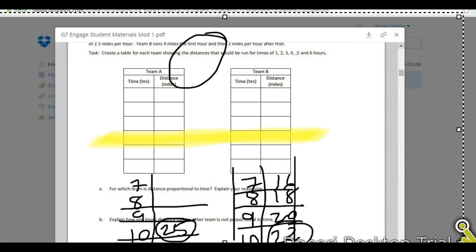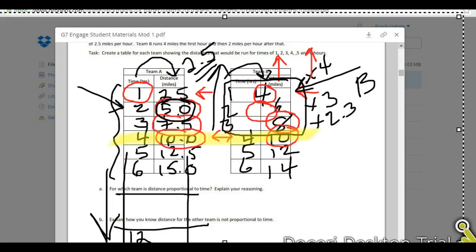We have to go back and look at our chart. The information we have already is Team B's 12-mile time. Team B finishes 12 miles in 5 hours. Now Team A, we know finishes between 4 and 5 hours. So we know that it's faster.